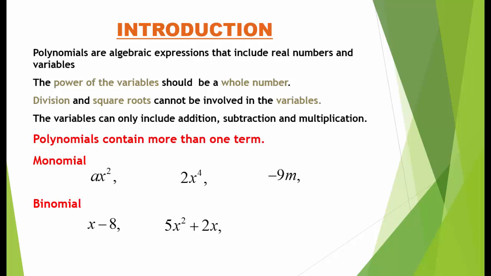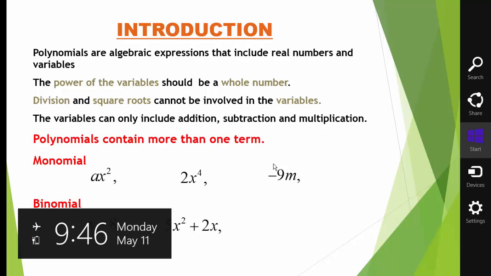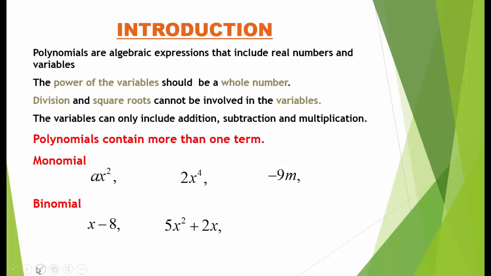The power should not be in square root form or division form, the variable should not be in division form, and the power of the variable should be a whole number. On the basis of the number of terms we divide polynomials as monomial, binomial, polynomial. This is all which we have already discussed.